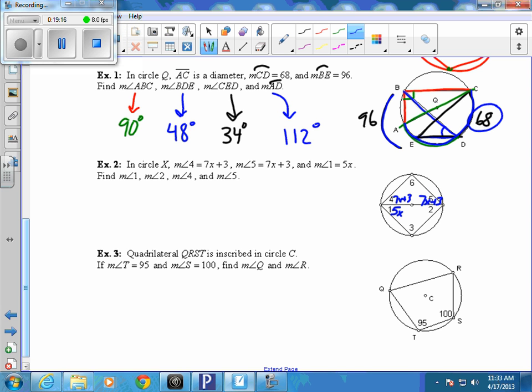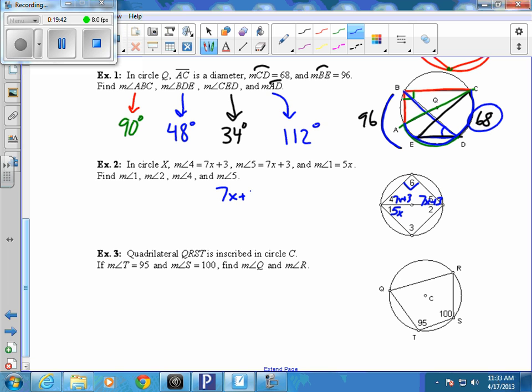Well, we'd start with, first of all, angle 6 has to be 90 degrees because it's inscribed in a semicircle. Half of 180 is 90, which means angle 4 and angle 5 have to be 90 degrees together. Angles 4, 5, and 6 make a triangle, so we add all three up to make 180.